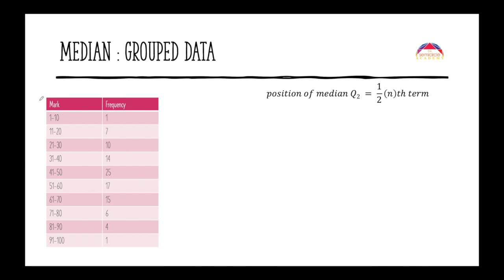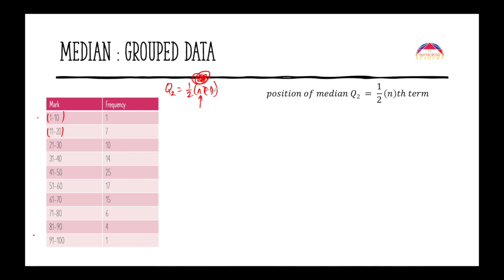For grouped data, we could see that we have marks out of 100, and just like before, we separated them into groupings or intervals, right? Now, if we just simply say that the position of the median is a half n, we don't have to do n plus 1, because if we had Q2 as a half of n plus 1, and n is a really big number, that means that this plus 1 isn't really going to make that much of a difference.